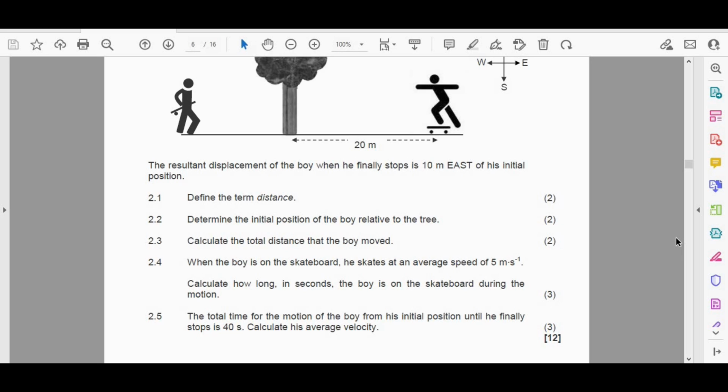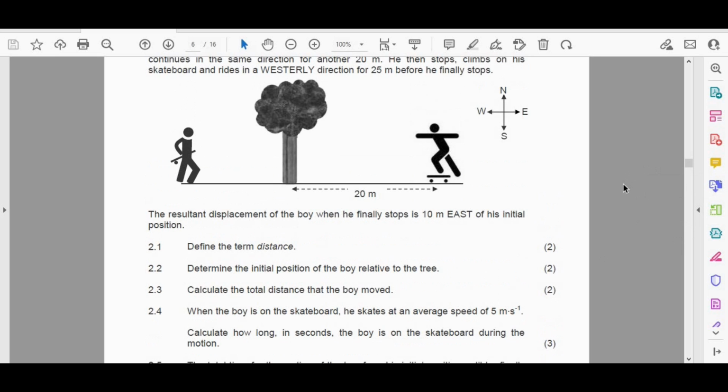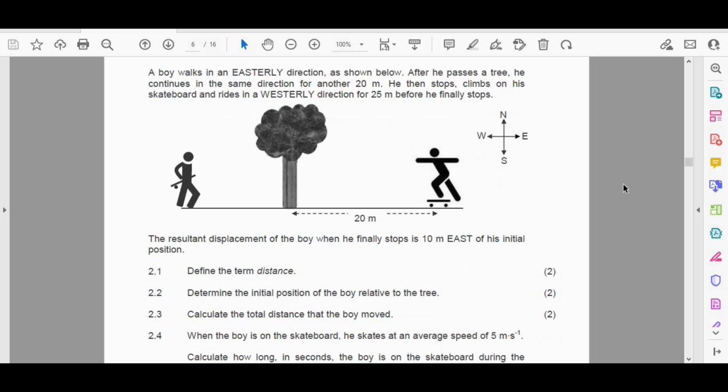Okay, so this is still displacement, this is still frame of reference, or this is still the vector question of the paper, just asked a little bit more with reference to actually calculating values. We know it's the vector question because we're given a compass direction here as well. Okay, so let's go for these answers.